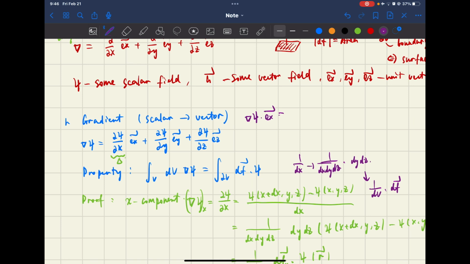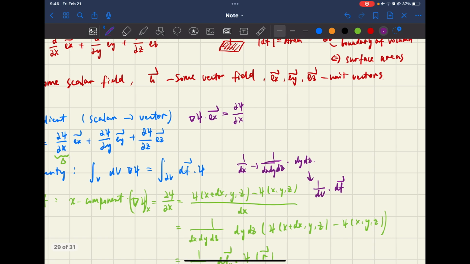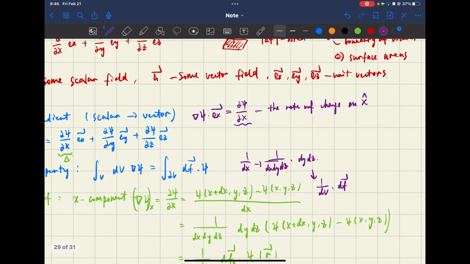The result is simply partial phi over partial x, because ex is perpendicular to both ey and ez. This expression means the rate of change in the x direction. Similarly, we can derive the same thing for the other two axes.